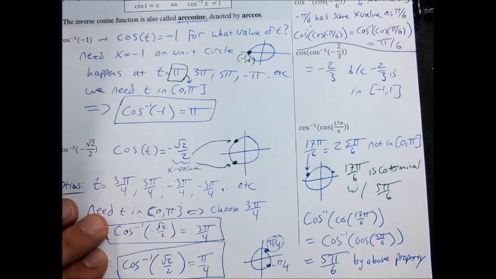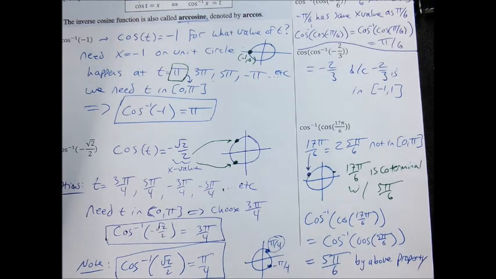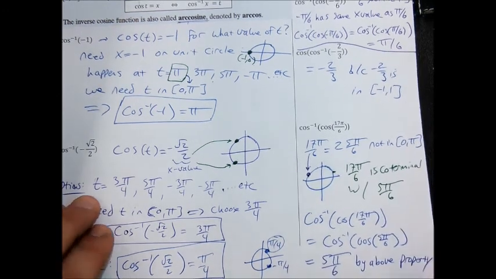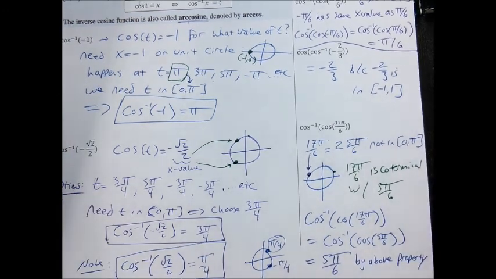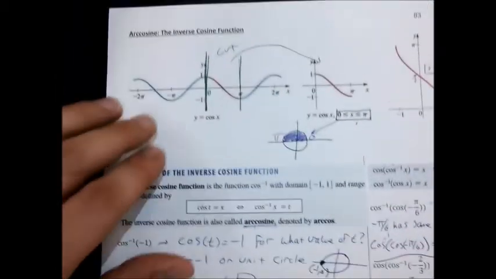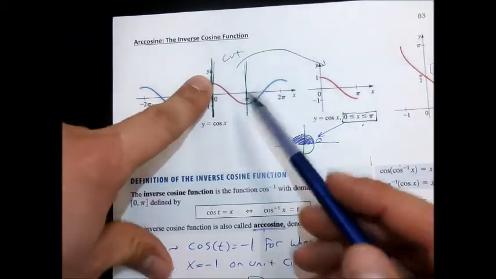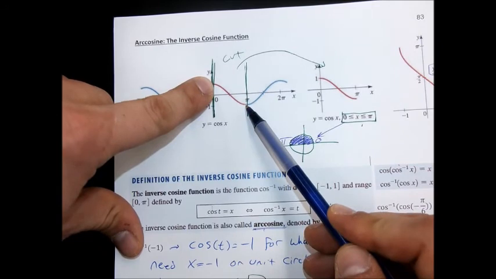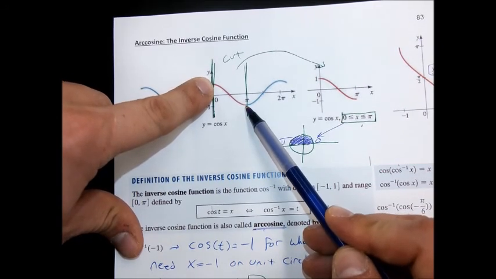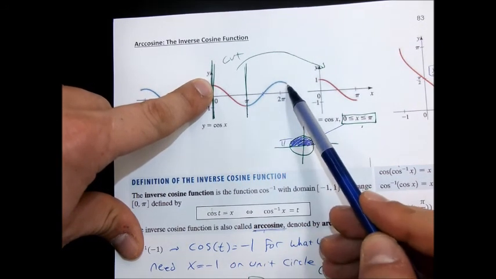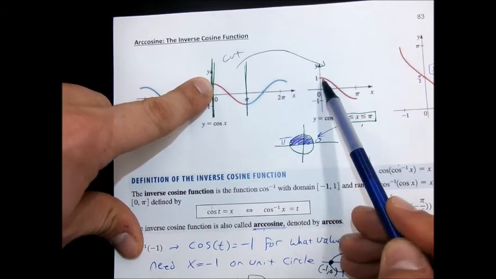The reason, so technically speaking, it is the answer. 17 pi over 6 is just as good of an answer in some sense as 5 pi over 6. The reason that it doesn't quite, quote unquote, work here in this context is because we are focusing on just this piece of the graph, and 17 pi over 6 isn't on this piece. 17 pi over 6 is over here somewhere past 2 pi.